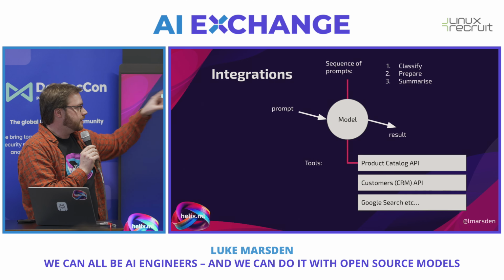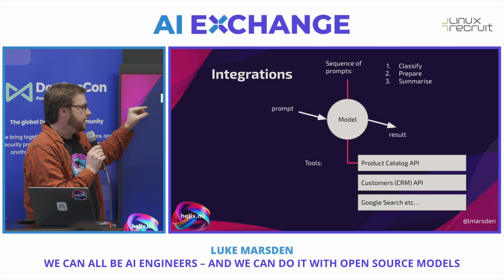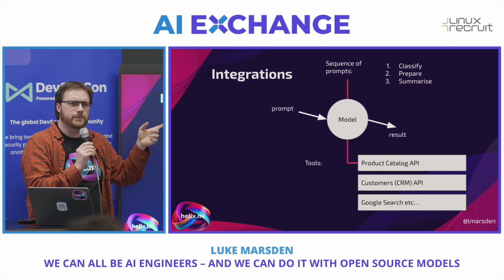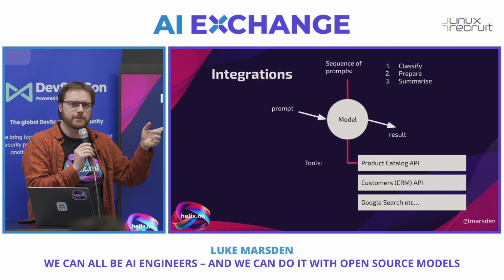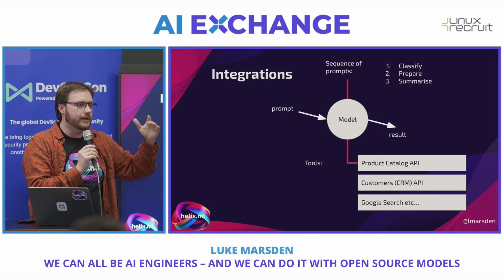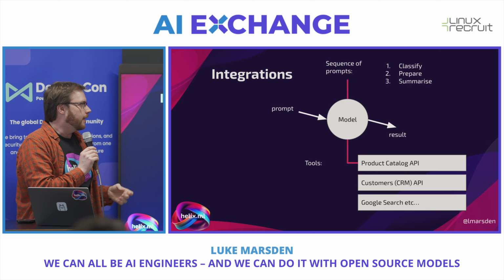But then the second step is preparing an API request. Do people know what I mean when I say like Swagger spec for an API? Yeah. So a Swagger spec for an API is just a description of that API and the different methods that you can call on it.